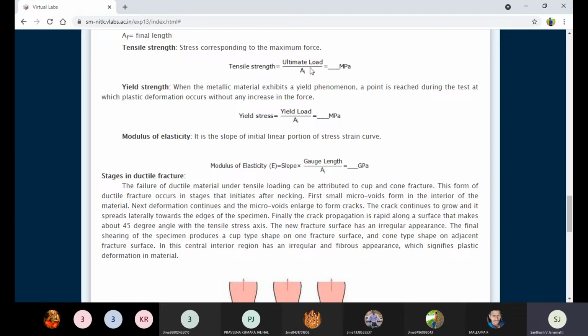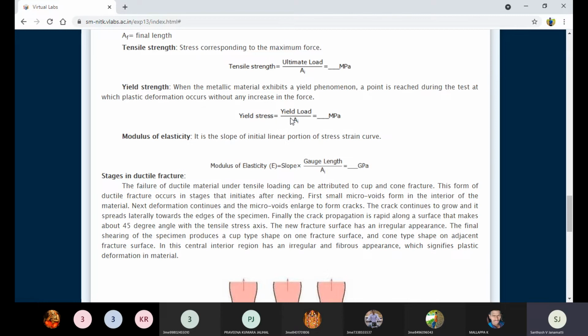It equals ultimate load divided by the cross-sectional area of that sample, in MPa, megapascal, or Newton or kilonewton per mm square, or kg per mm square. Whatever form of load you apply, you can take it accordingly.